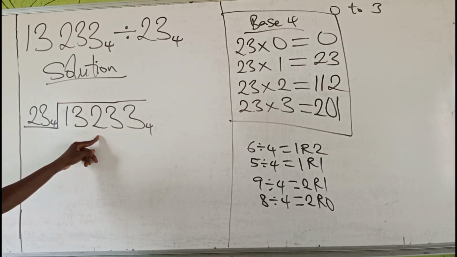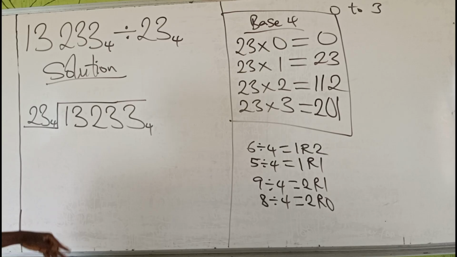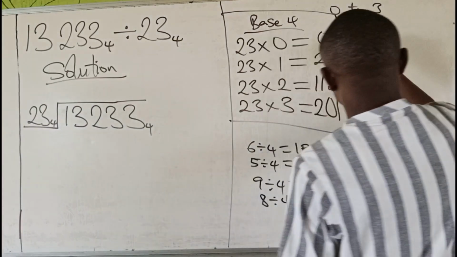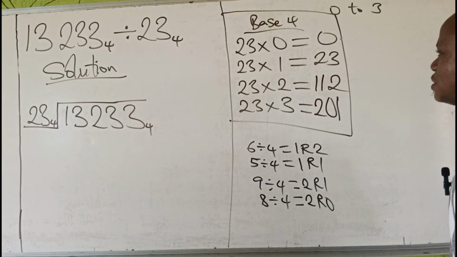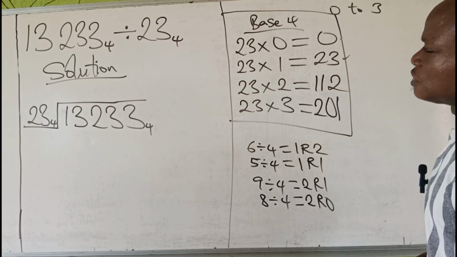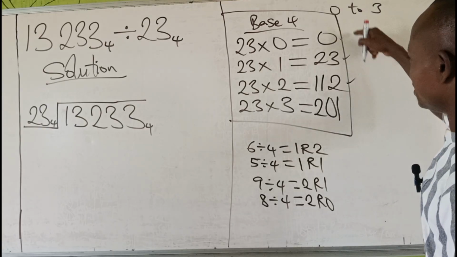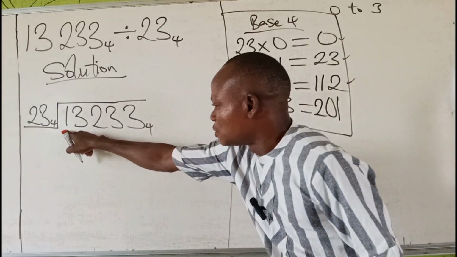Now, 132 divided by 23 will give us what? We move over to the multiplication table and see the numbers that are less than 132 there. 0 is less than 132, 23 is less than 132, and 112 is also less than 132. So these are the 3 numbers that are less than 132.